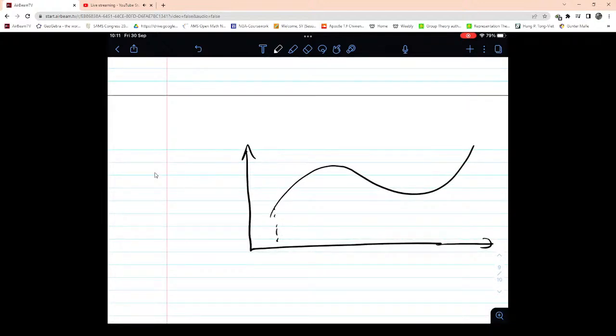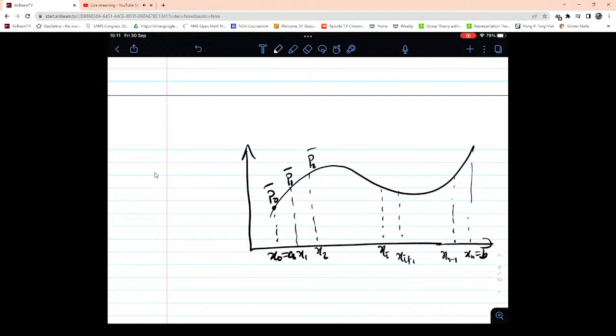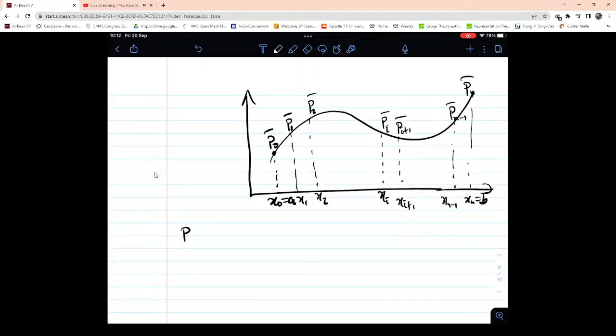It's not a nice one, but we start at a, and then we end at xn, which is equal to b, then the last one x(n-1), and then we've got x1, x2, and in between we've got x(i+1). The points here would be vector p0, vector p1, vector p2, vector p(i+1), p(n-1), and then pn, where what we are calling vector pi is the point (xi, f of xi). So it's written in vector form like that.